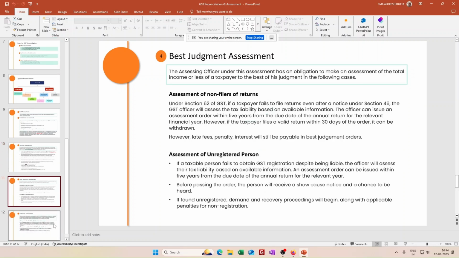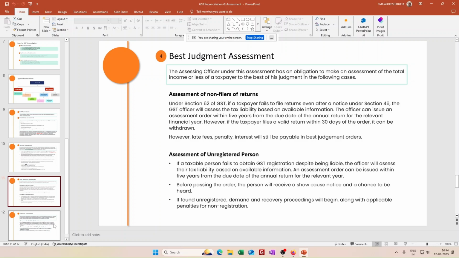Now, best judgment assessment. The assessing officer has an obligation to make an assessment of the total income of a taxpayer to the best of his judgment in the following cases.